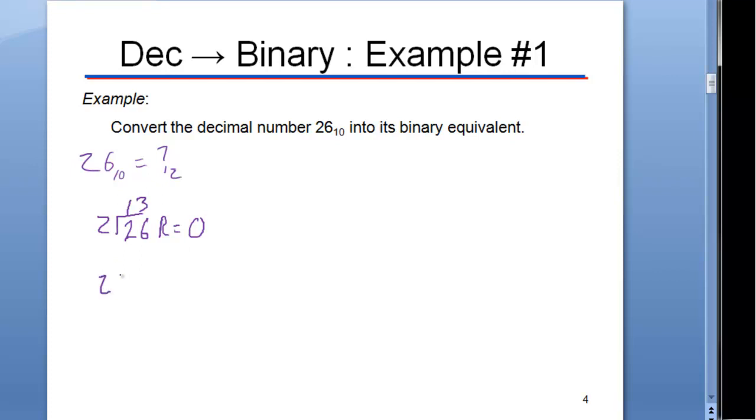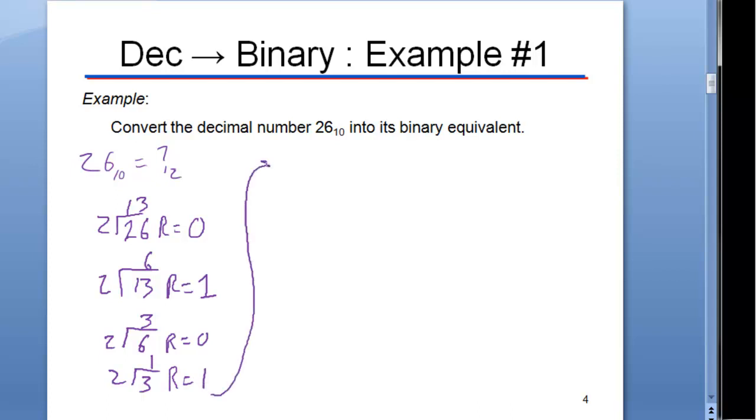Then 13 divided by 2 gives us 6 with a remainder of 1. 6 divided by 2 is 3 with a remainder of 0. 3 divided by 2 is 1 with a remainder of 1.